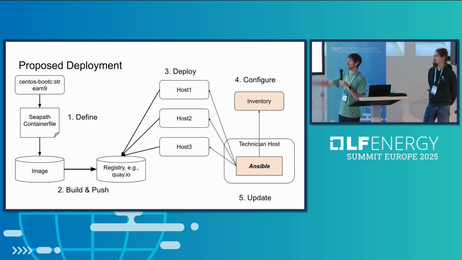And from this container file, we define all the packages that we need, probably some configuration also, and from there we generate an image. From this image, we push it to some registry, either locally or remotely, and then we do the deployment of the SEAPATH host by relying on this registry.